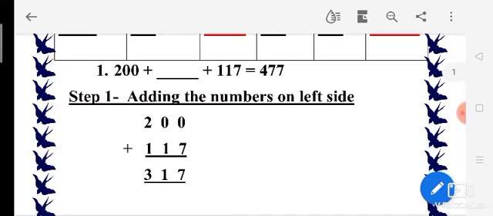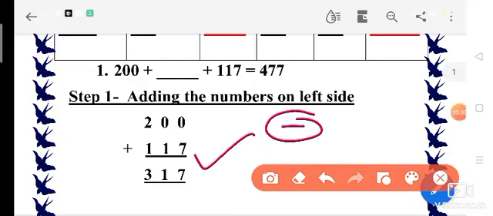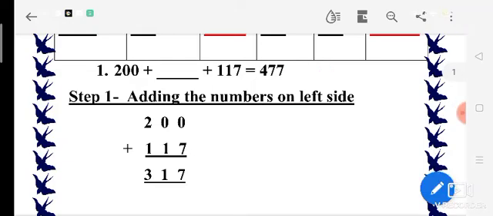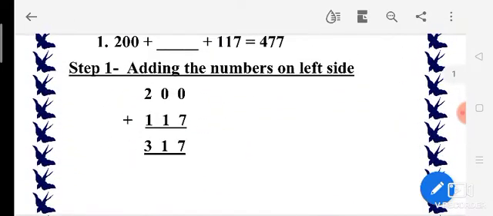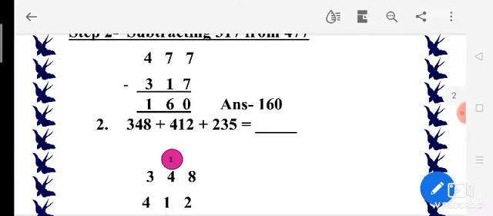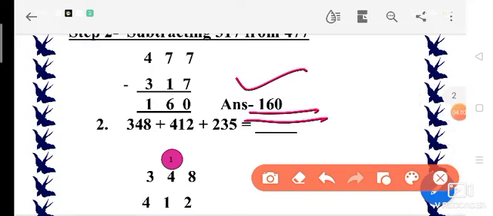So we got one number after adding, now we have to subtract from the total. So total is 477 and here it is 370. So 7 minus 7 is 0, 7 minus 1 is 6, 4 minus 3 is 1. So the answer is 160, which means Jahangir is having 160 elephants.